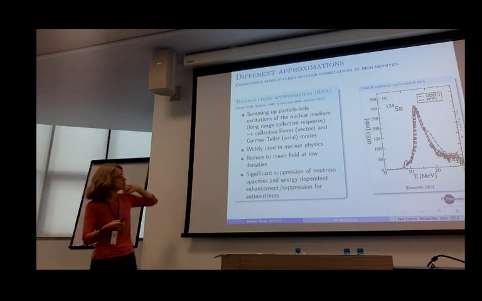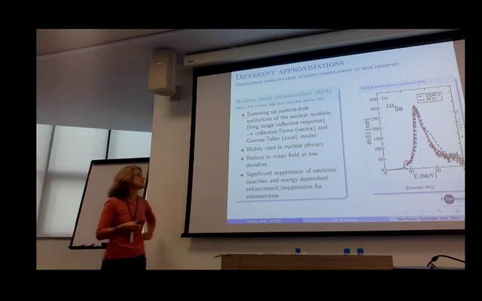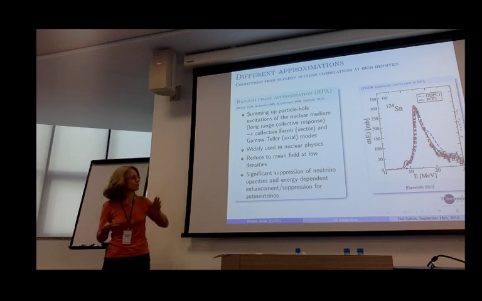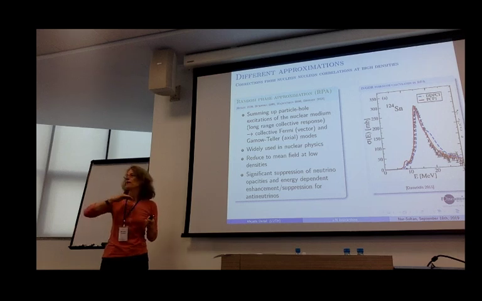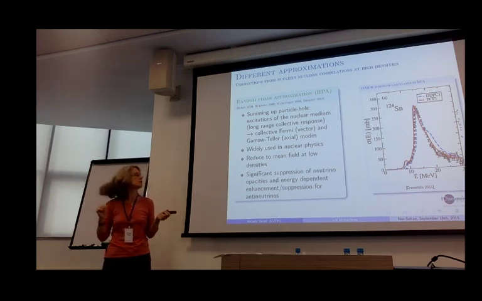What has been shown already 20 years ago is that you get a strong suppression of neutrino opacities and energy-dependent enhancement or suppression for antineutrinos, which we'll show later in the results. What people did then is define some global enhancement or suppression factors, which have been included in some of the simulations for the neutrino reactions.